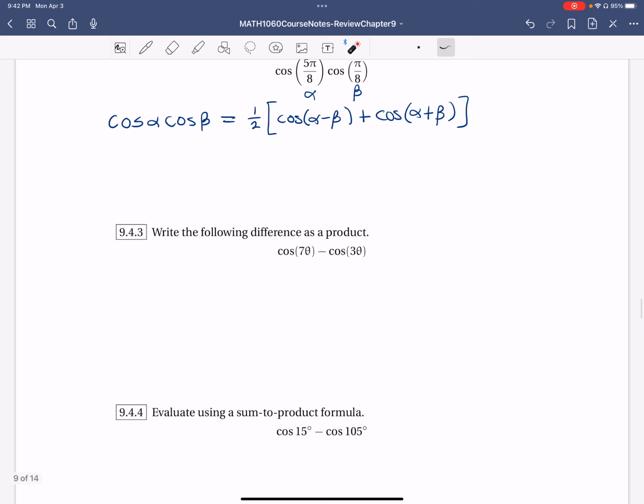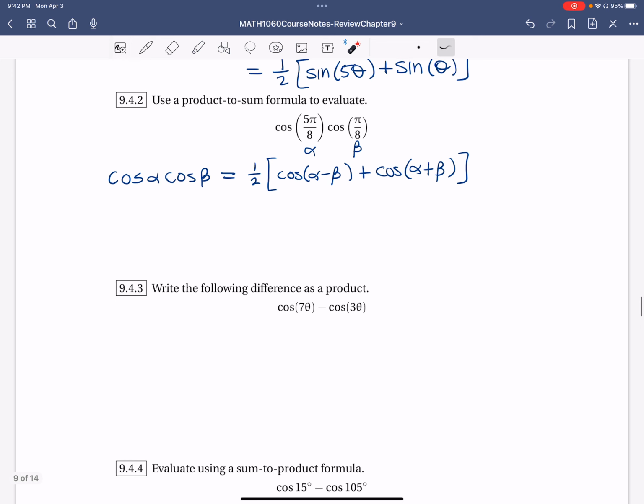Now we need to replace alpha and beta with what we were given. So we have cosine of 5 pi over 8 minus pi over 8 plus cosine of 5 pi over 8 plus pi over 8.